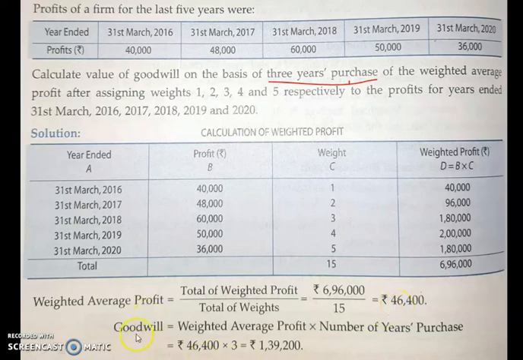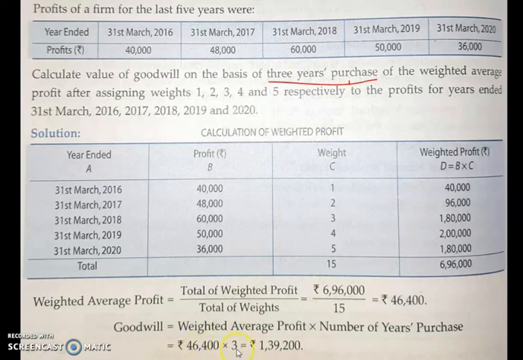Now next step is finding the value of goodwill. What is the formula? Weighted average profit into number of years purchase. So weighted average profit you got from step 3. How much is it? 46,400. Number of years purchase is given in the question. 3 years purchase is your number of years purchase, so that will be written over here.